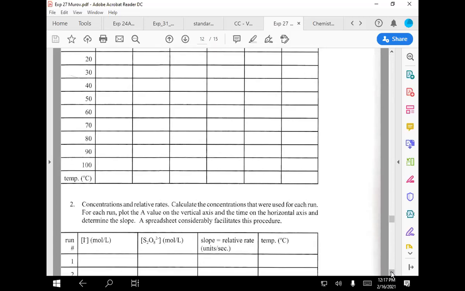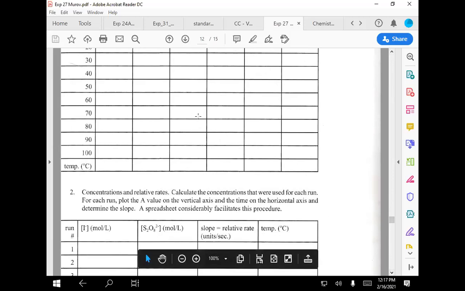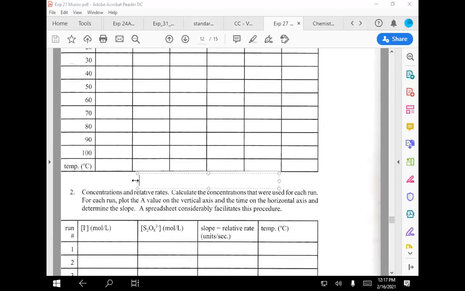Calculate the concentrations that were used for each run. We're going to still use M1V1 equals M2V2, and that's how you're going to get the concentrations for each of the runs for the iodide and the thiosulfate.